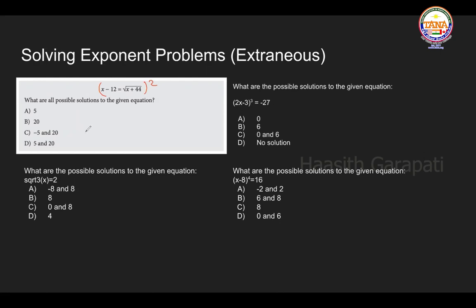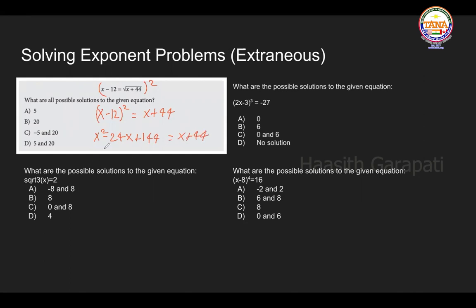If we square the whole thing, we get (x minus 12) squared is equal to, oh wait, not the power, it's equal to x plus 44. And if we unfurl the left side, we get x squared minus 24x plus 144, which is equal to x plus 44.